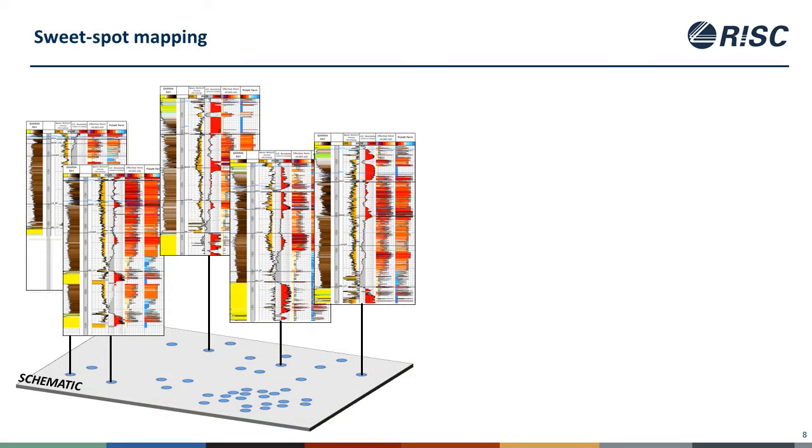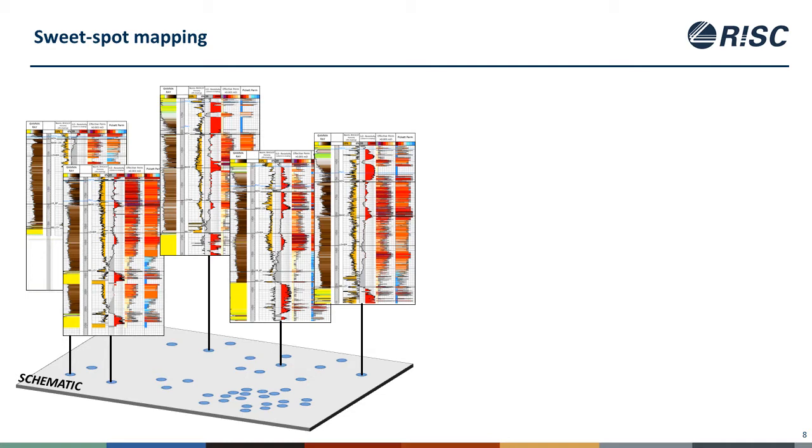So let's look at the sweet spot mapping methodology. The producing North American plays are blessed with huge amounts of well log and production data. We can of course study those wells and their associated production to recognise particular characteristics and identify the key attributes of the play. By looking at the high quality producing wells, we can start to recognise particular characteristics of those zones.